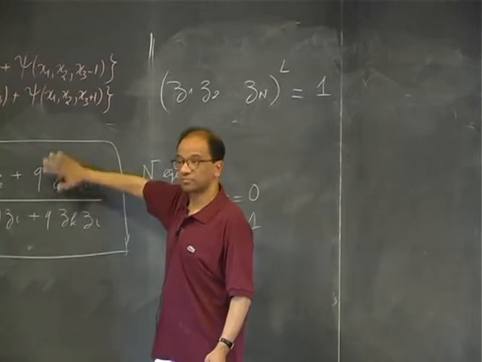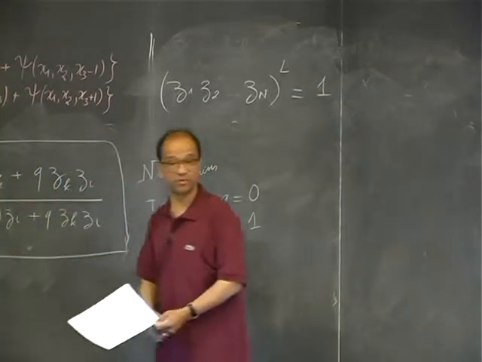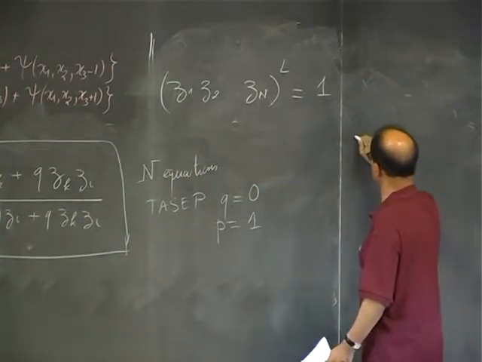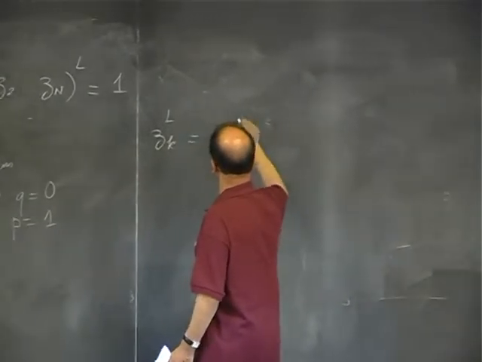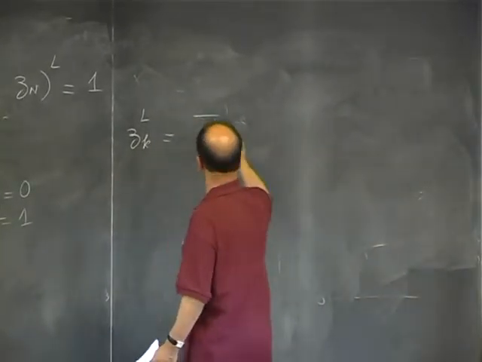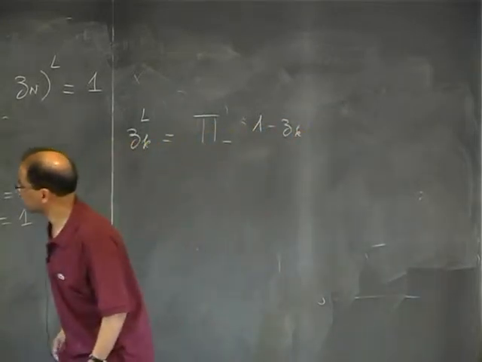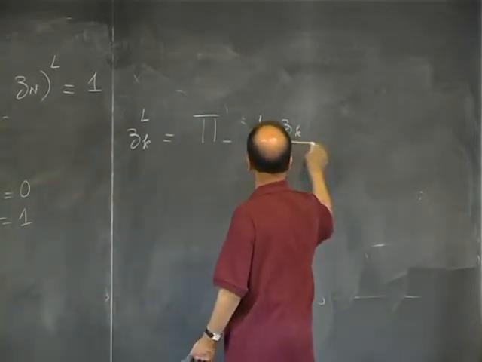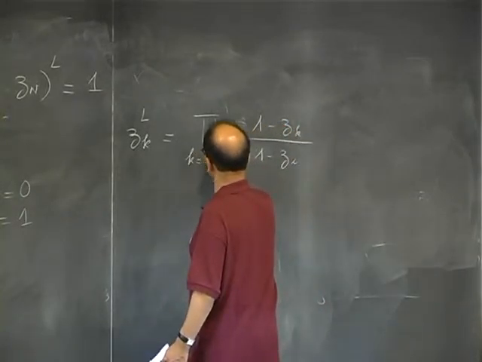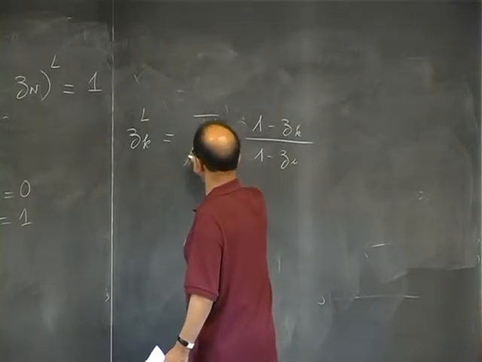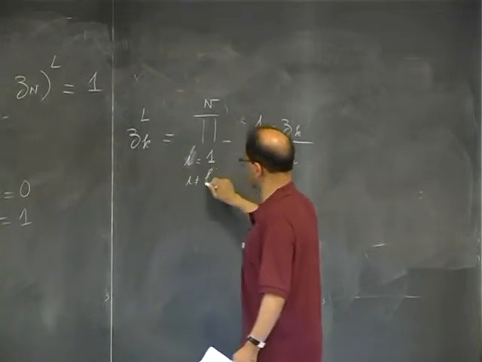The quadratic term vanishes, and you have only ratios of first degree polynomials, and you end up with equations of the type zk to the power L is the product of minus 1 minus zk over 1 minus zi, for i equal to 1 to n, i different from k.